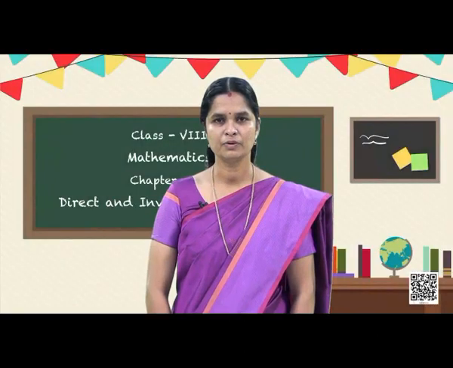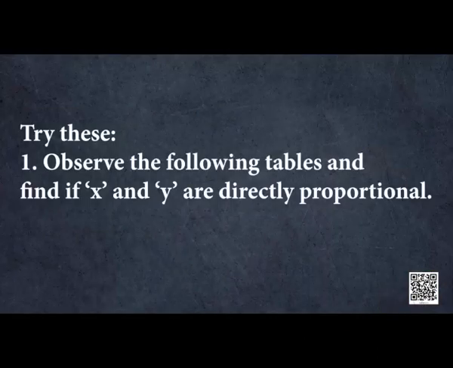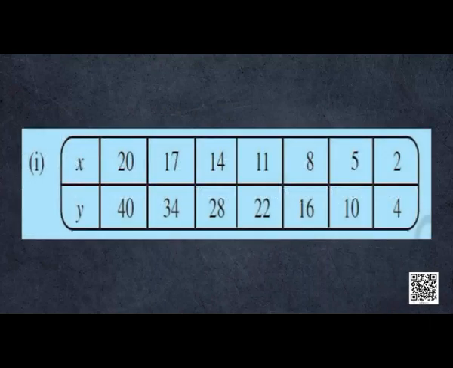Let us now try to solve some problems. Observe the following tables and find if x and y are directly proportional. What do you need to do here? Yes, to find whether x and y are in direct proportion, we need to find the ratio x by y. Okay.